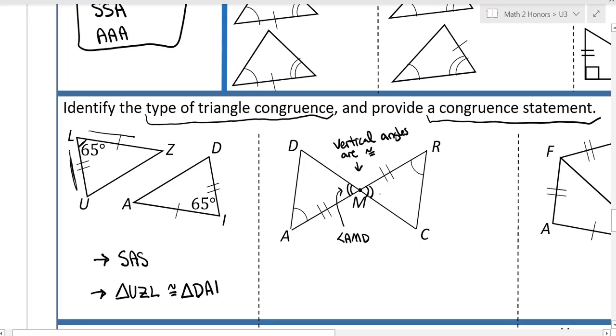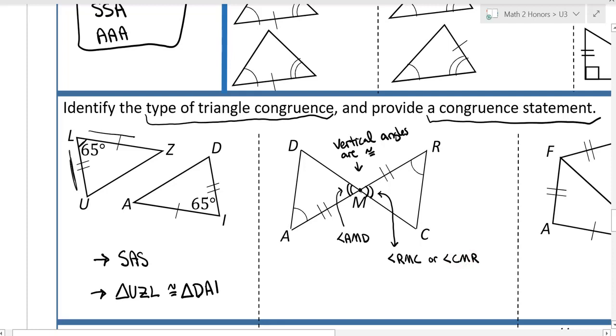And the other angle that it's congruent to would be angle RMC, or you could say angle CMR, because there are 2 ways to draw that.